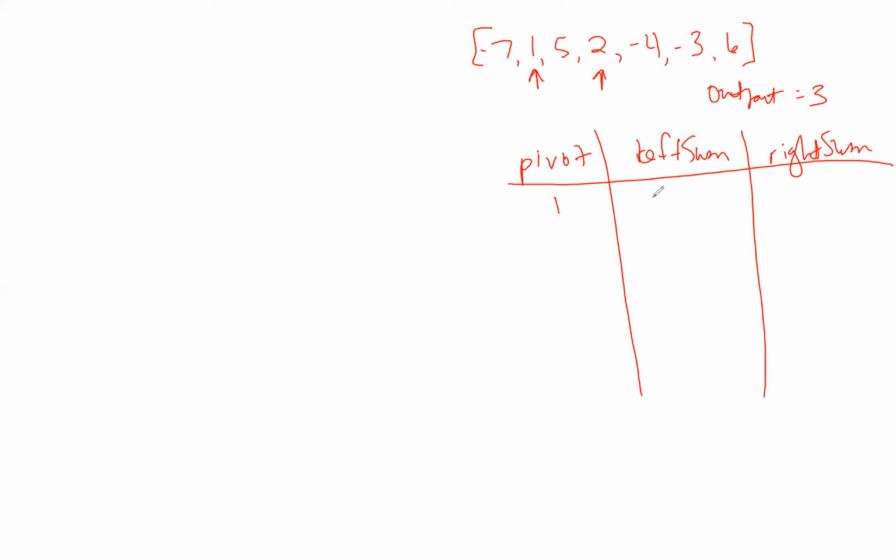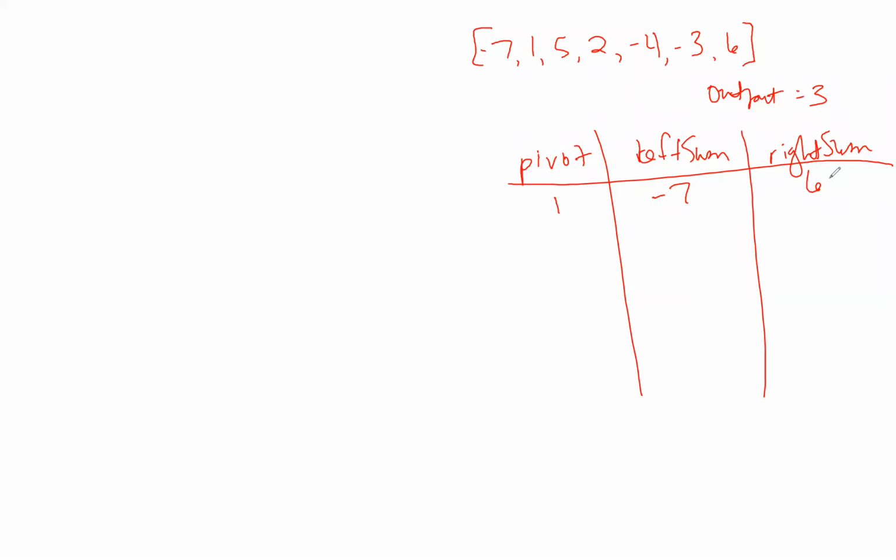The left sum would start at -7, the first element in the array, and then the right sum we will loop through and add them up. So 5 plus 2 is 7, minus 4 is 3, minus 3 is 0, plus 6 is 6. So what we're going to do is look at the left sum and the right sum.